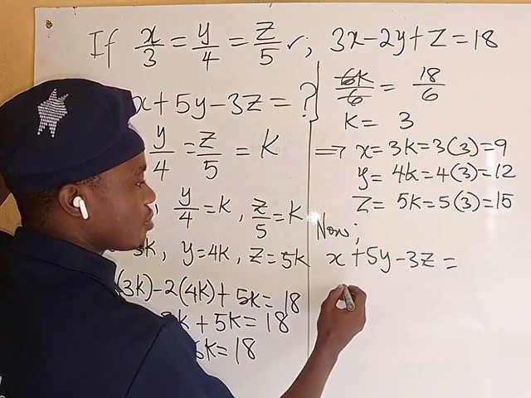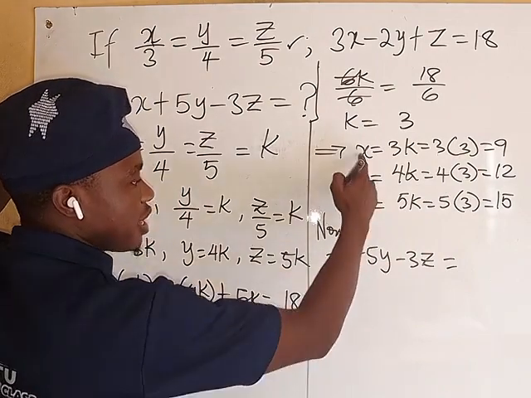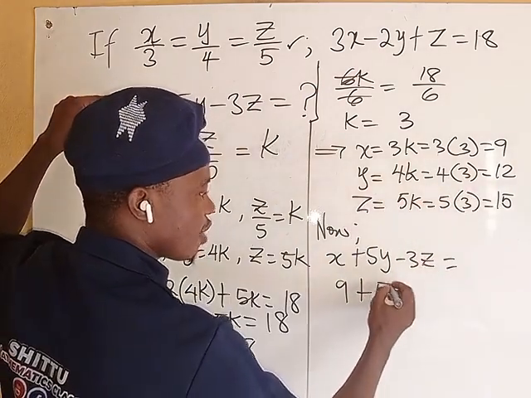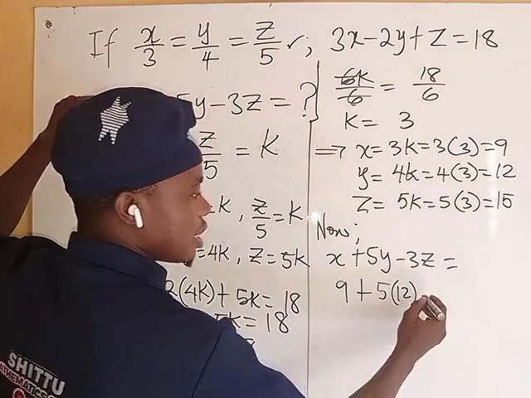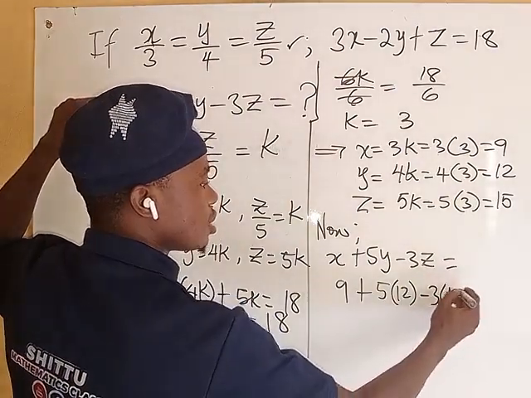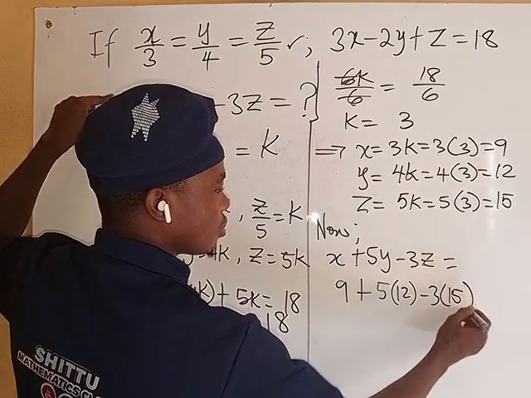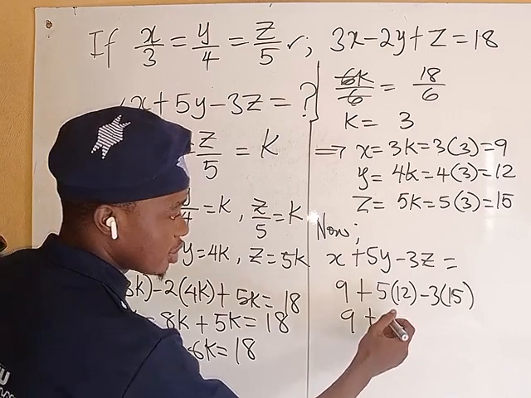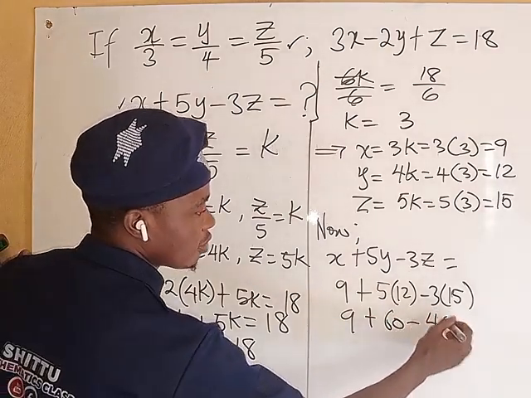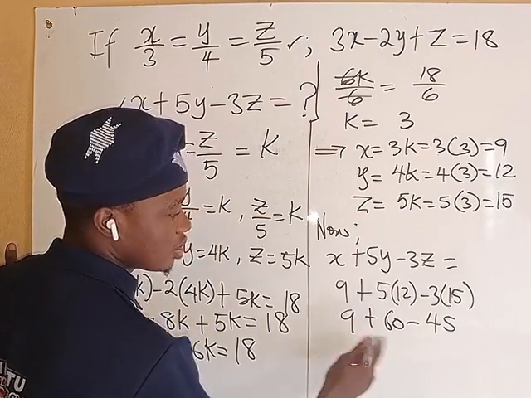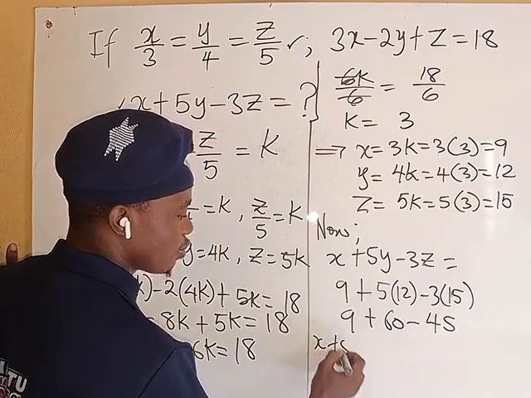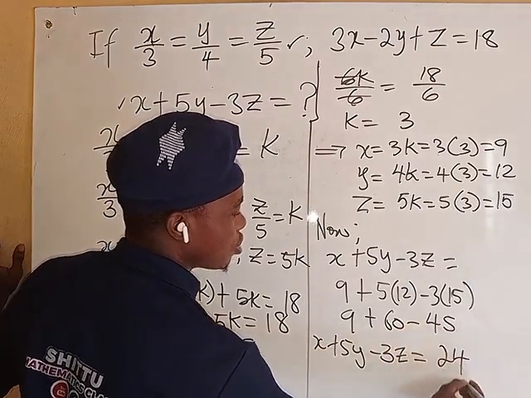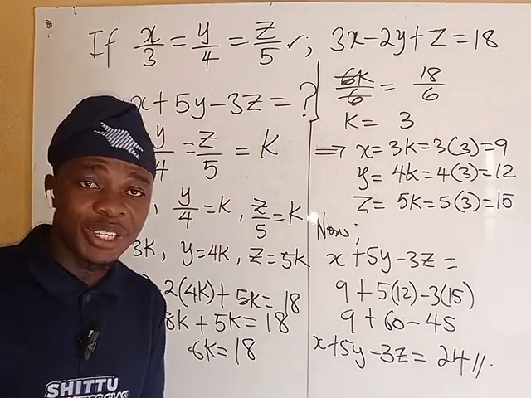We have x to be 9, plus 5 multiplied by y, which is 12, then minus 3 multiplied by 15. 9 plus 5 times 12 will give us 60, minus 45. When you add up everything, x plus 5y minus 3z is going to give us 24. And that's the solution.